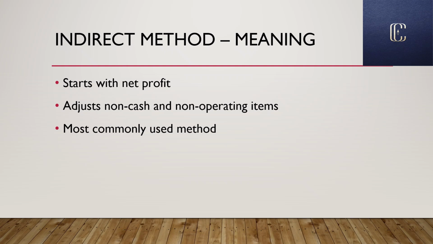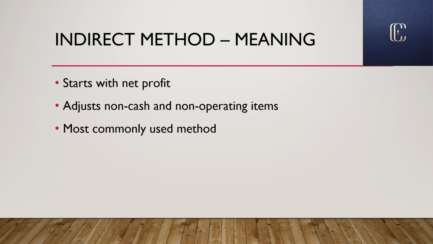Under this method, we do not start with cash received. We start with net profit as per profit and loss account. Why? What is the reason? Because companies already prepare profit and loss account. So it becomes convenient to use the same figure and convert profit into cash.